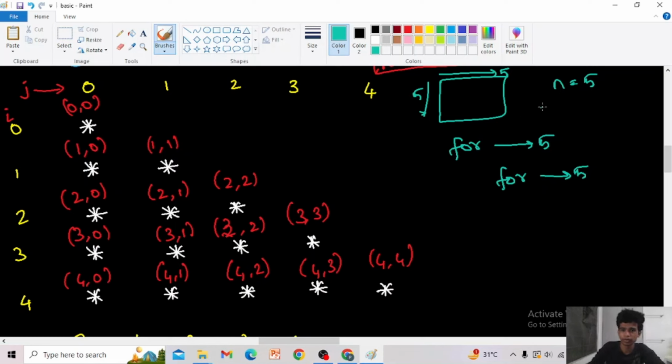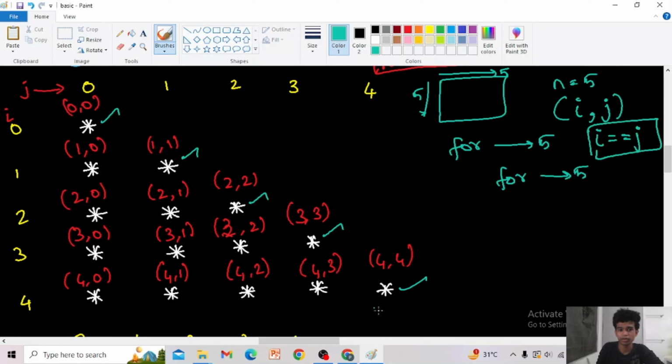My coordinates are like i comma j, right? Row number comma column number, we know. Now observe carefully, what is the relation between this star, this star, this star, this star? They have i is equal to j. So this is the condition all these stars have.